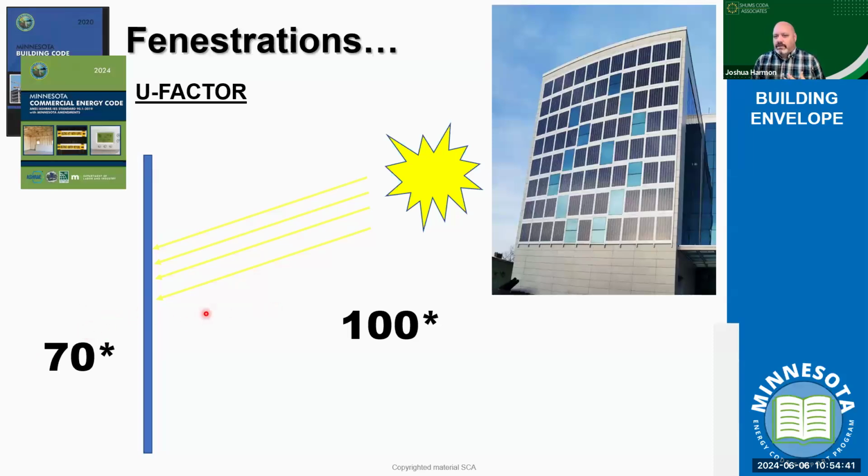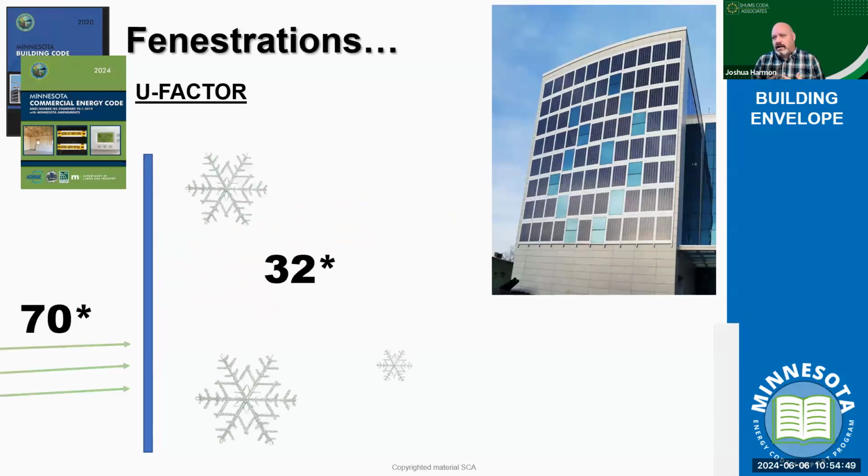So it's going to prevent some of the heat coming in, as well as the cool going out. And we think about that in the context of winter, too. The better the U factor value, the better we keep that heat inside the building and don't allow it to move out into the cold exterior environment.